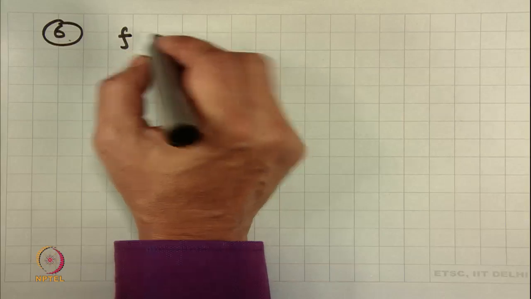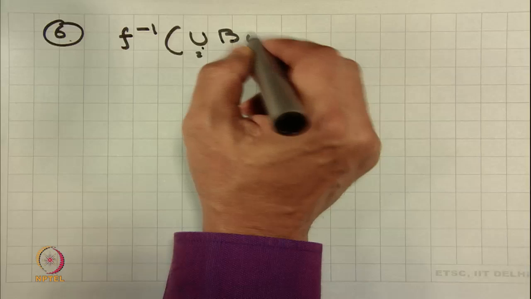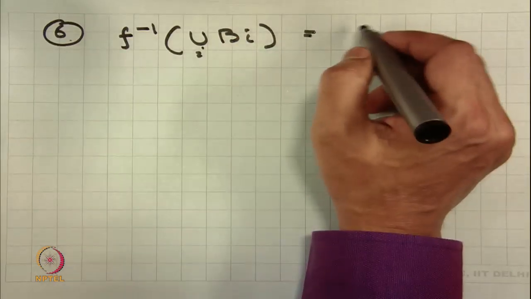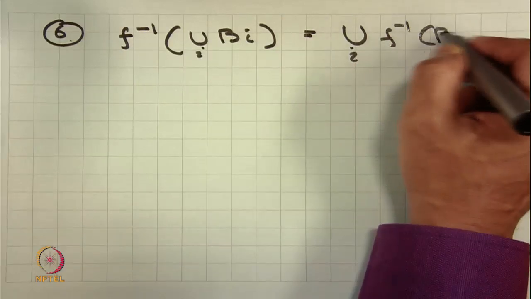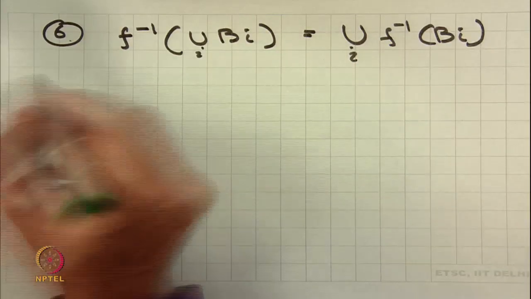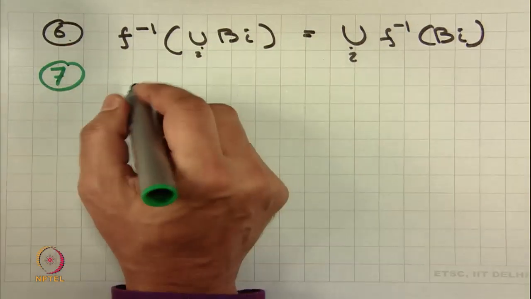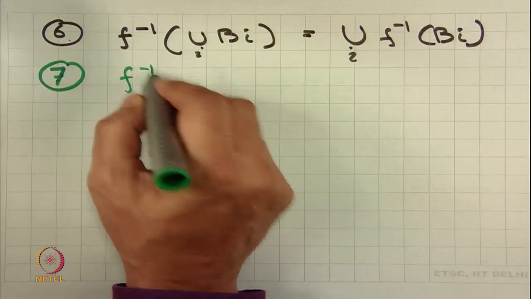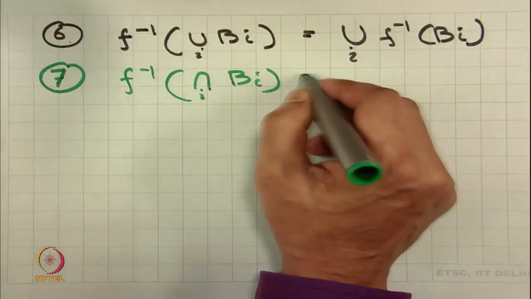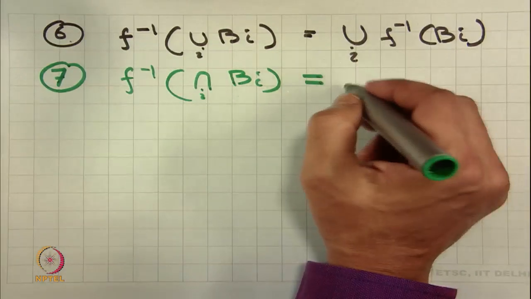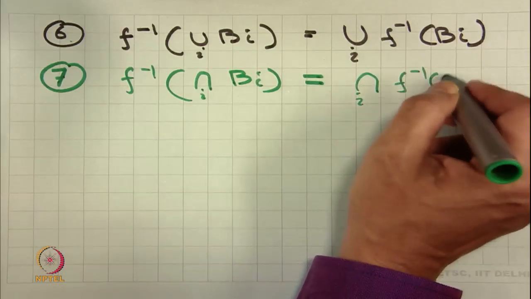Six, f inverse of union over i of Bi is equal to union over i of f inverse of Bi. Seven, f inverse of intersection over i of Bi is equal to intersection over i of f inverse of Bi.